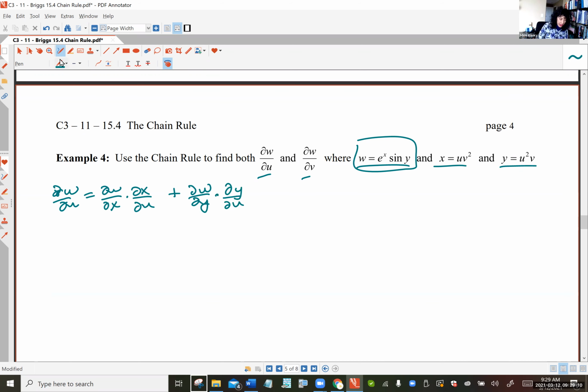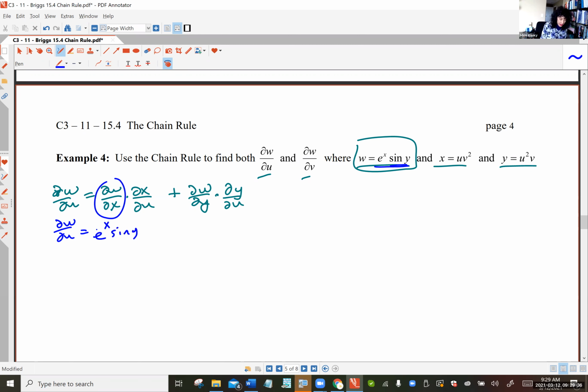So now let's go get all of these things, in turn. So dw du. We want to take the partial of w with respect to x. So that means hold y constant, where y is a constant. So that means sine of y also looks like a constant multiple. So the derivative of e to the x sine y with respect to x is e to the x sine y.